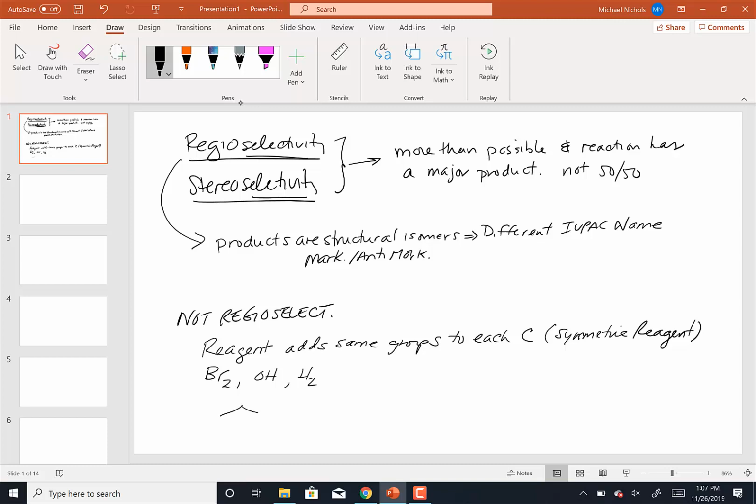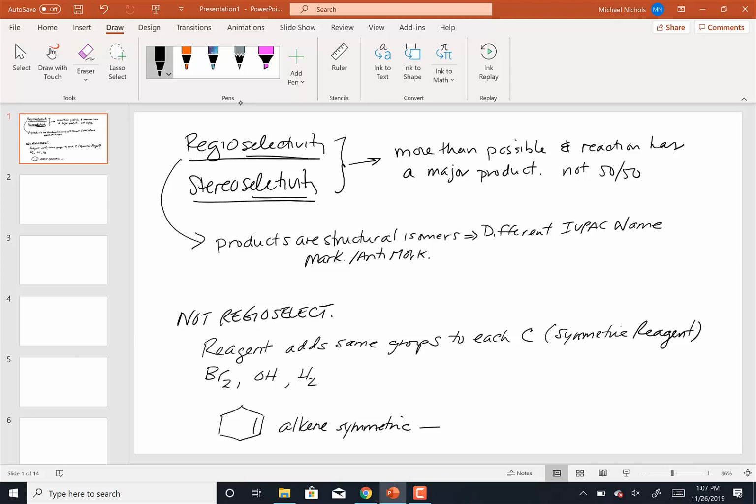Also, when you have a double bond that is symmetric, if the alkene is symmetrical, then that also cannot be regioselective.